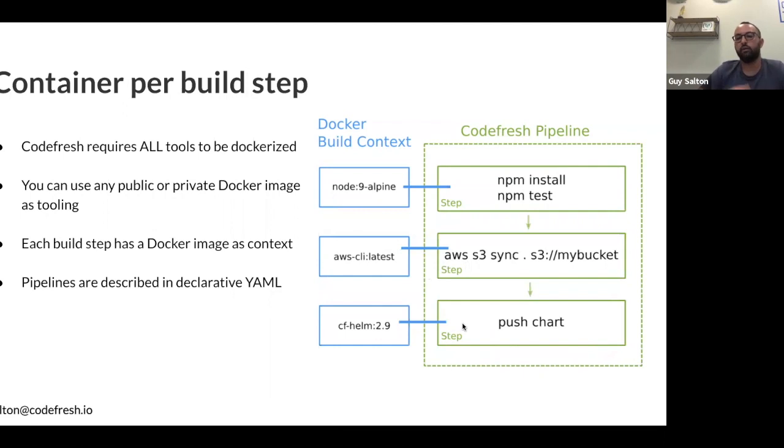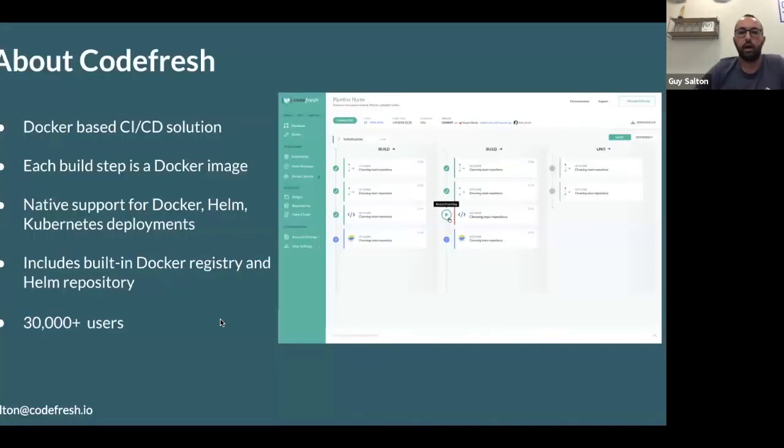And finally, let's say I want to deploy a Helm chart to some Kubernetes cluster. I can bring a Docker image that has the Helm CLI and then run the Helm command to deploy my application. So Codefresh can do all of that. Codefresh, as I mentioned, is a CI/CD solution, which is Docker-based.